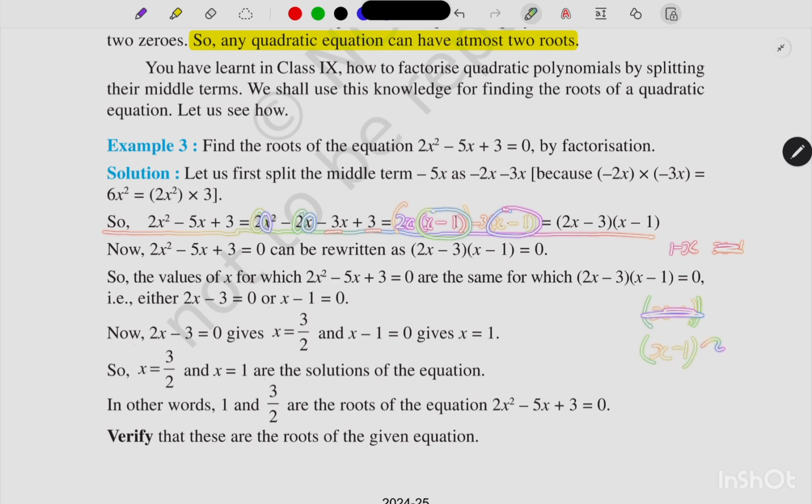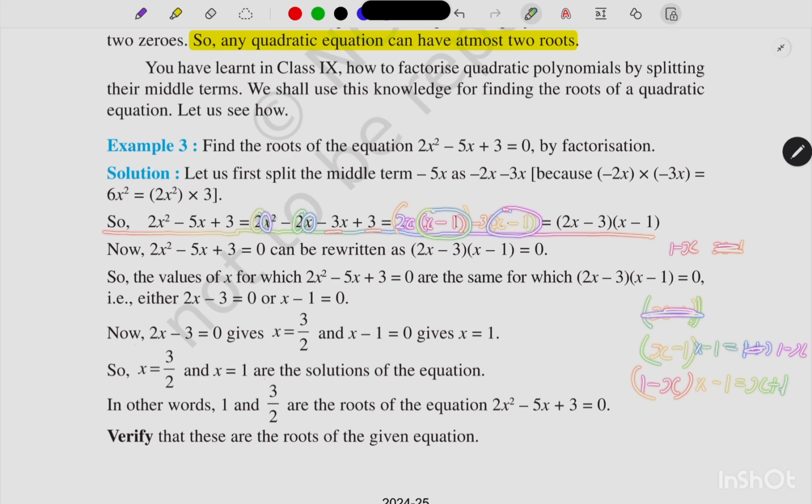X minus 1 multiplied by minus 1 would be 1 minus x. And 1 minus x multiplied by minus 1 would be x minus 1. This is important so that you can get the relations out.